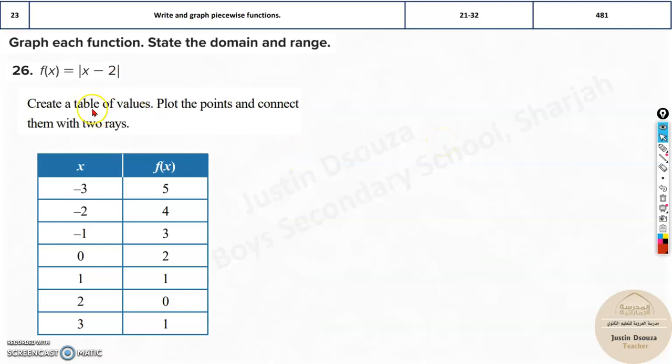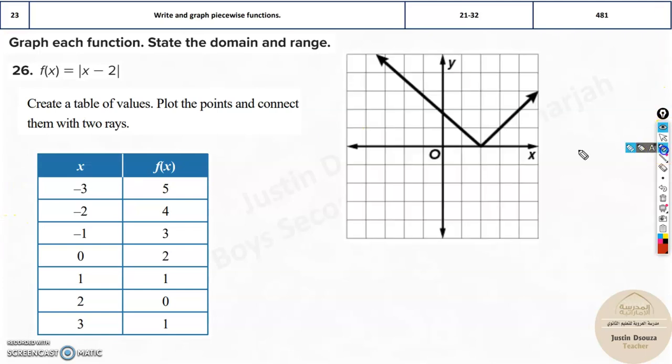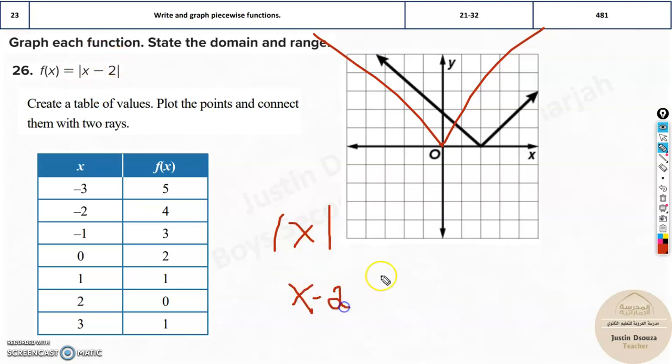Here now, this is absolute value. We have come across absolute value already. Now this is a very easy one because magnitude x means it will start like this. Now whenever you have a value inside the x, that means x minus 2. What does that mean? Make it equal to 0. What is the x value? It is equal to 2, right?